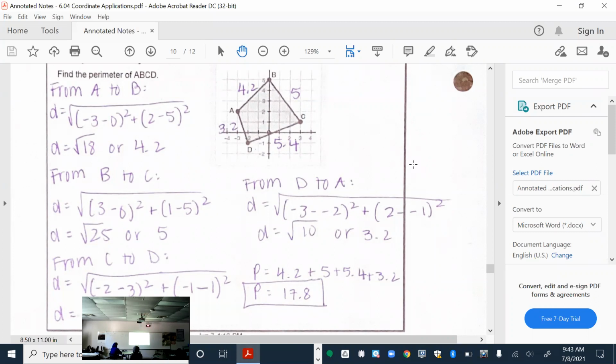So from A to B, when I put it in the formula, I decided to put it in like this. You could have had 0 minus -3 and then 5 minus 2. But no matter how you entered it for your formula at this point, you should have gotten a decimal close to 4.2 if you did it correctly. If you didn't, I can come look at it.